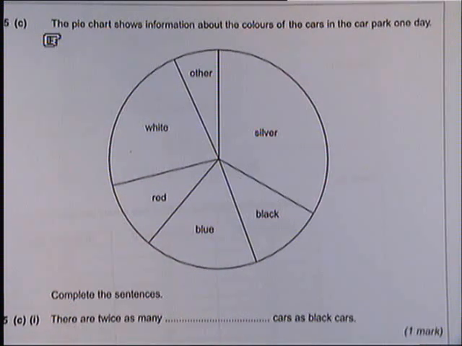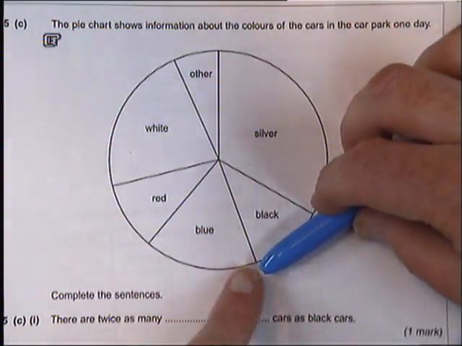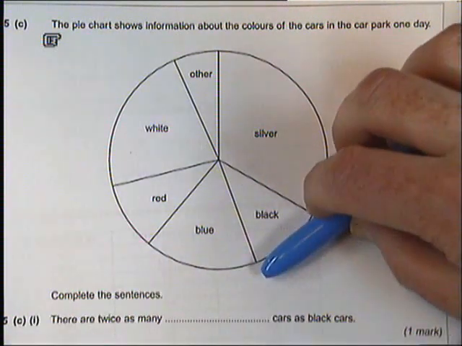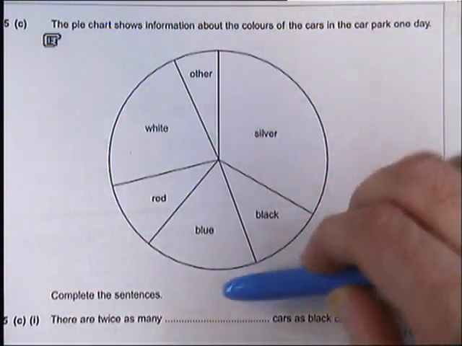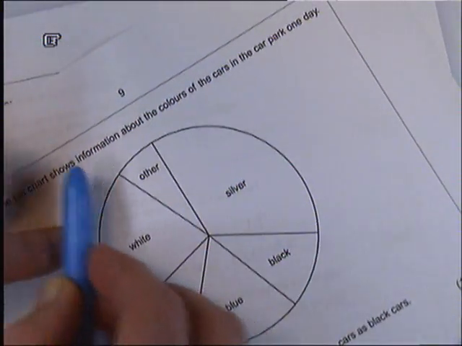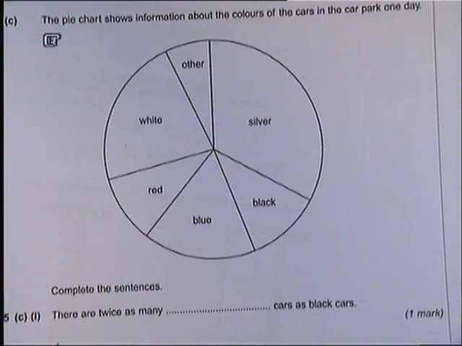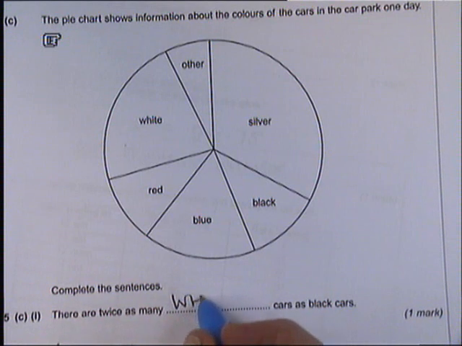You should really have an angle measurer with you. If you haven't got one, you can just use a pen. Going across from the end of that black to that black there, it's about that much with the pen. Blue isn't twice that. Red definitely isn't twice that. If you go to white, it is twice that. White is twice as big as the black. So the answer for that one is going to be white.